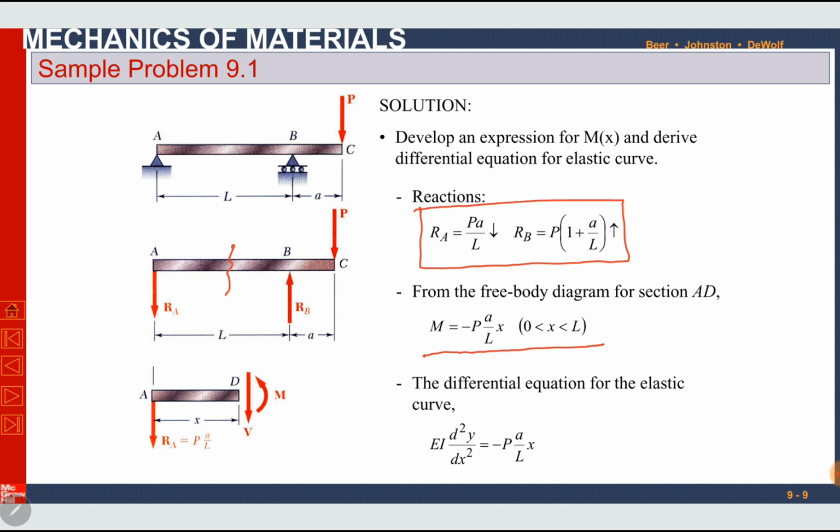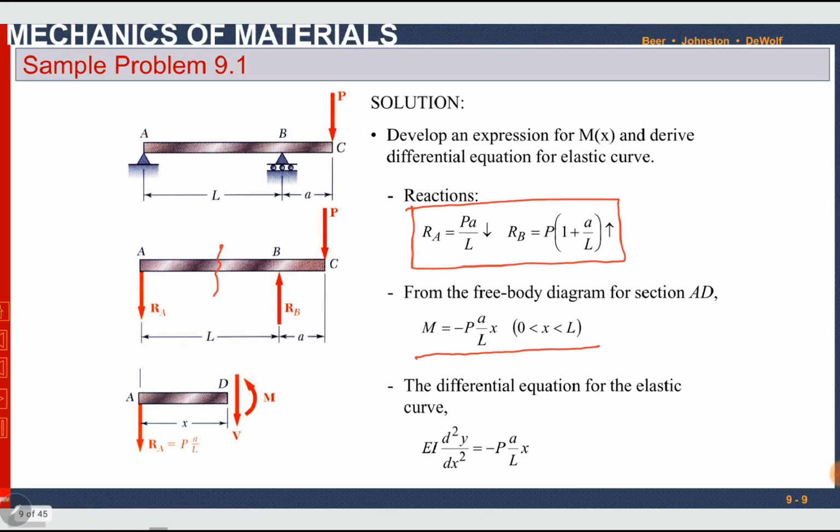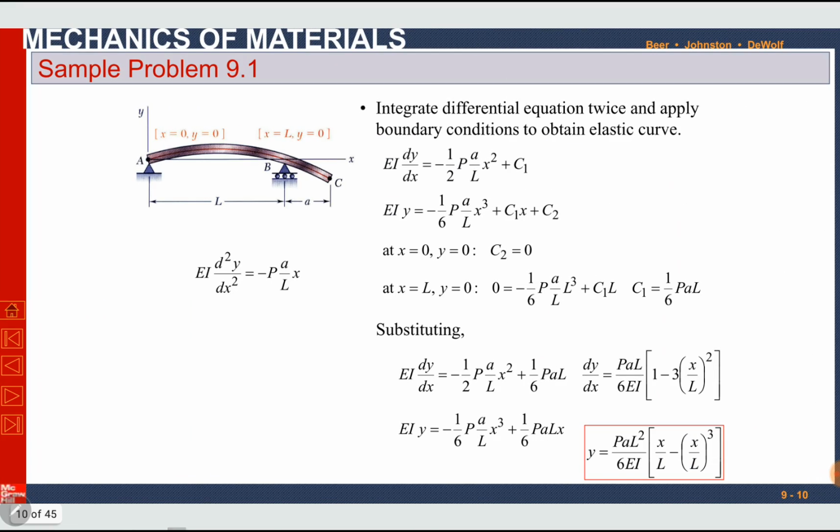Now integrating this expression twice, we can get expressions for theta and y. It is already done. This is the expression for theta, dy by dx, and EI y equal to something. C1 and C2 are two unknown constants of integration.